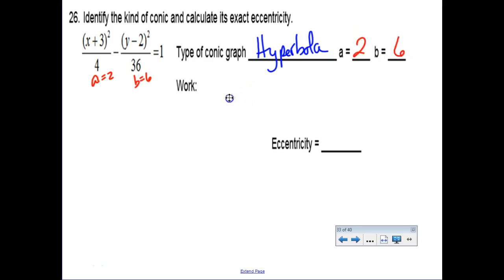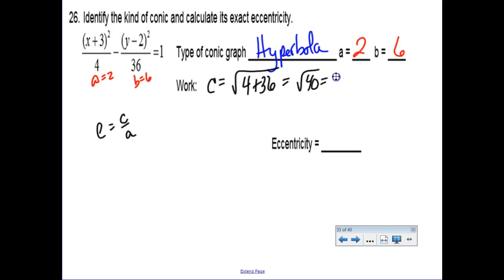And they want to know the eccentricity. So remember, eccentricity is c over a. And I know that the eccentricity on a hyperbola should be greater than 1, but I still need to find exactly what it is. So the eccentricity, I just need c, right? So the formula for c on a hyperbola is the square root of a squared plus b squared. So what's that, square root of 40, right?